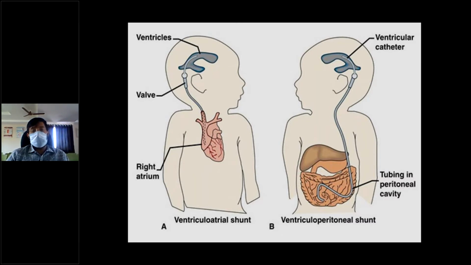Picture A represents the ventriculoatrial shunt, and picture B represents the ventriculoperitoneal shunt. The excess CSF is diverted, in case of A, to the right atrium, and in case of B, directly into the peritoneum. Longer catheters are taken and placed into the abdominal cavity, the peritoneal cavity.